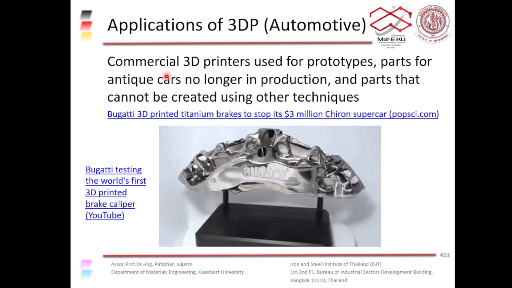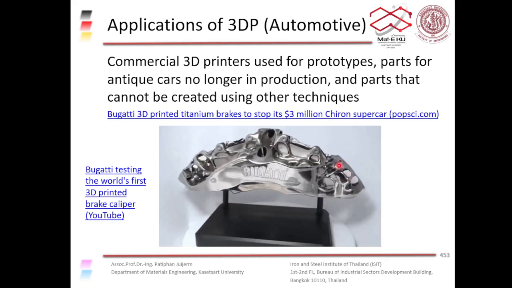Okay. Application of 3DP in the automotive industry. So 3D printing has been used commercially. An example would be the brake caliper in the Bugatti Chiron, which has been 3D printed.